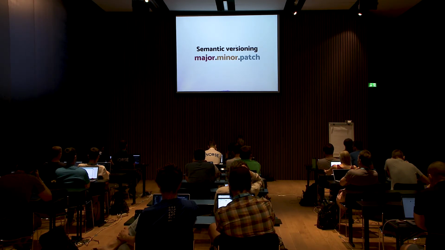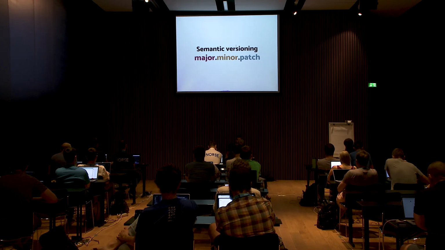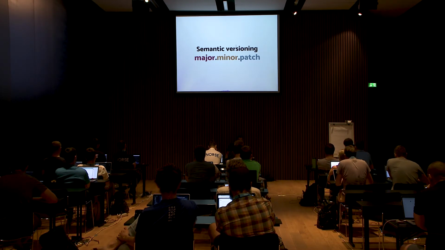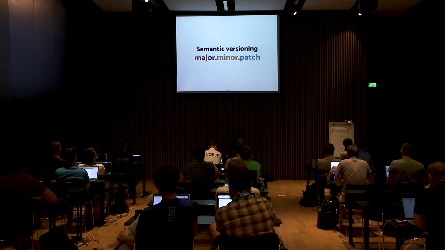This is of course not observed all that strictly by everyone all the time, so you'll often see packages on NPM violate this, and even if it's observed perfectly, it doesn't solve all our problems, because you might introduce a new bug in your patch version and it'll still break code that depends on your thing, or you might fix a bug that someone was actually depending on the behavior that you consider a bug.